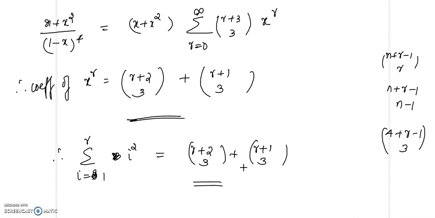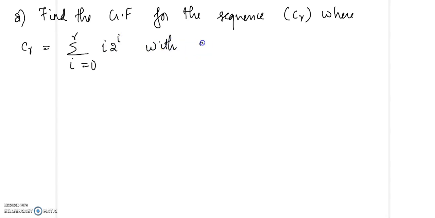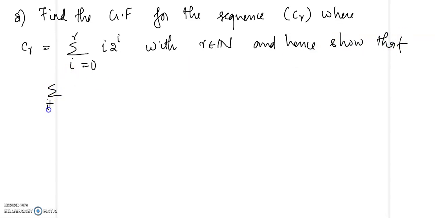Now let us look at one more problem. So second problem is to find the generating function for the sequence c r, where c r is equal to summation i equal to 0 to r i into 2 raised to i, where r belongs to n, and hence show that summation i equal to 0 to r i 2 raised to i is equal to 2 plus r minus 1 into 2 raised to r plus 1.